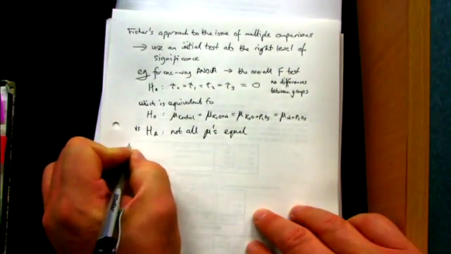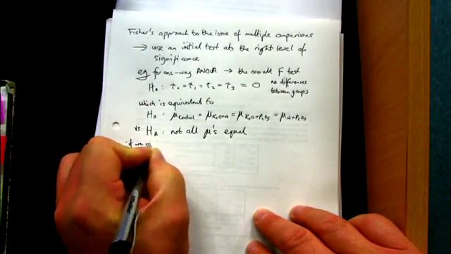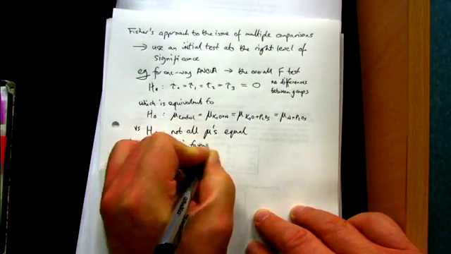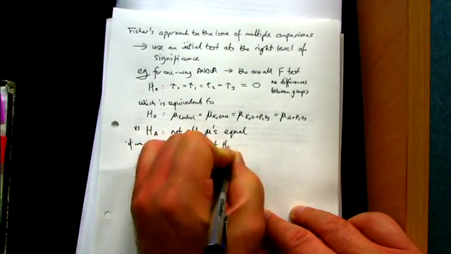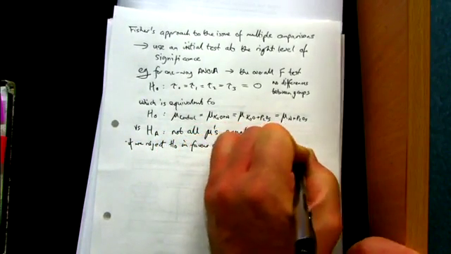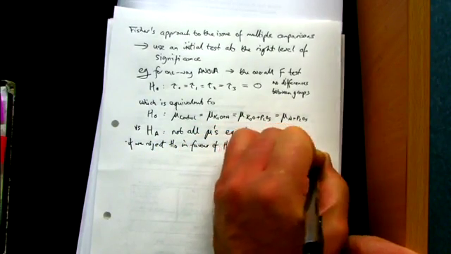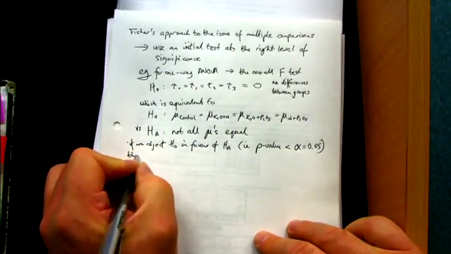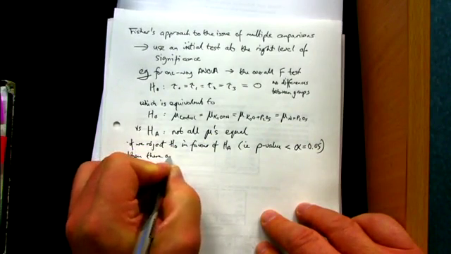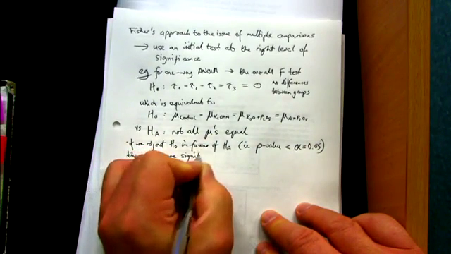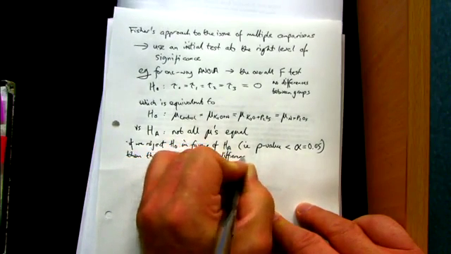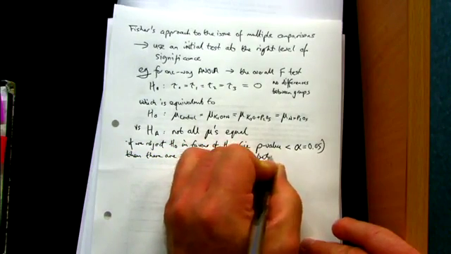i.e., if we reject H0 in favour of HA, i.e. our p-value is less than alpha equals 0.05, then there are significant differences between the group means.